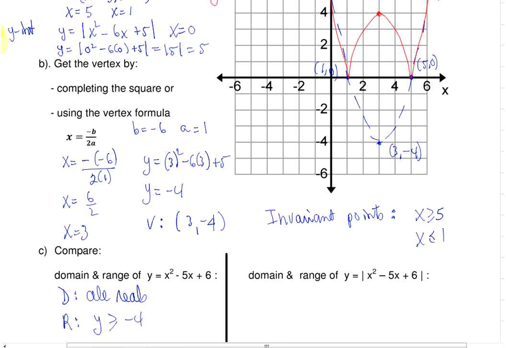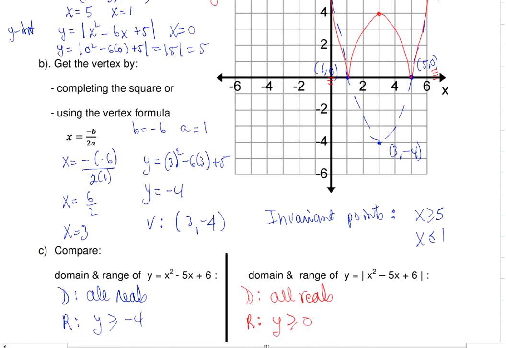And if we take a look at our absolute value function, the domain will be all reals. And the range, your lowest values for y are 0, so y has to be greater than or equal to 0.